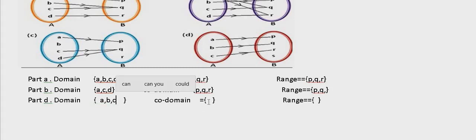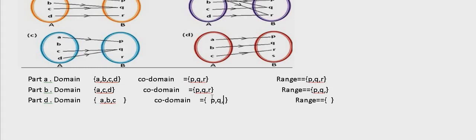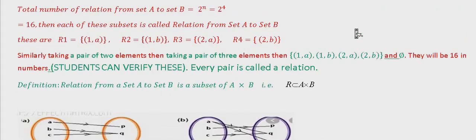What is codomain? In this D part, p, q, r, s. And what is range? p, q, r, right? So in relation, there is no such difficult thing.